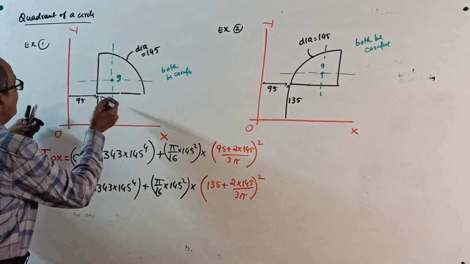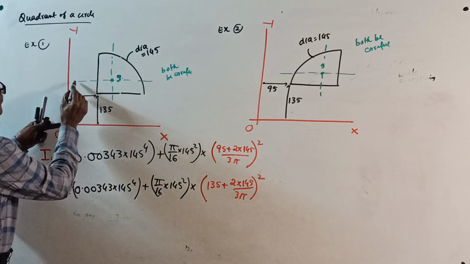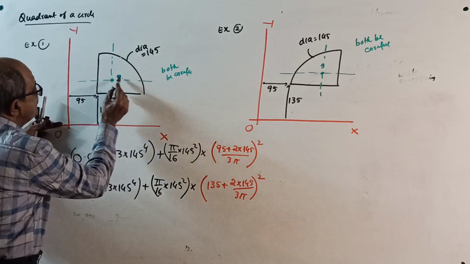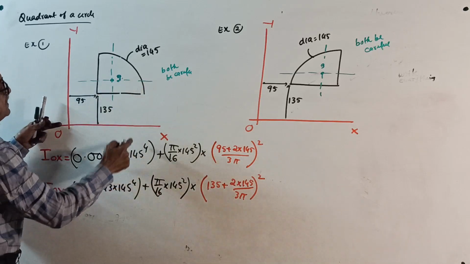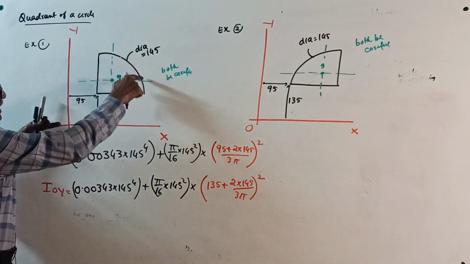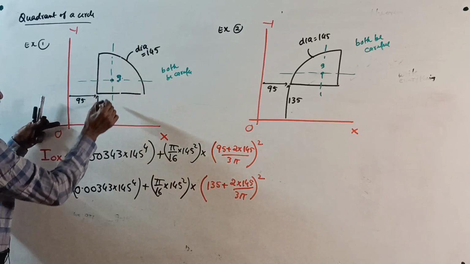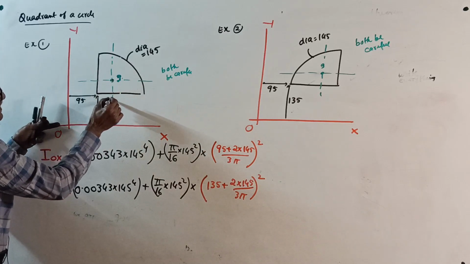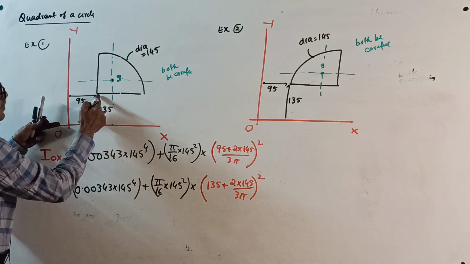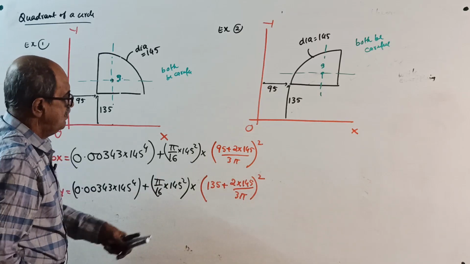Start. I about OX axis. First I about its own axis: 0.00343 into diameter 145 power 4 plus area pi by 16, 145 square, into from centroid to this axis, see, this distance square is 135 plus 2d by 3 pi. 135, what happened?